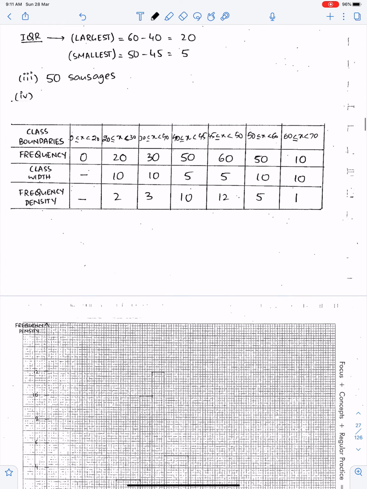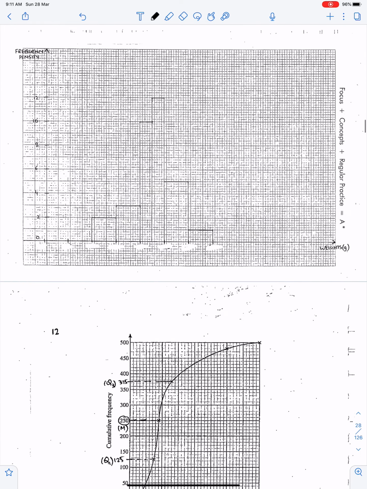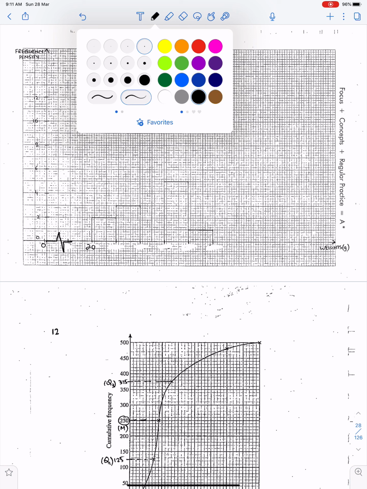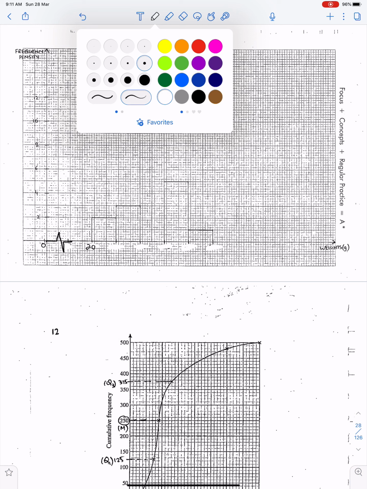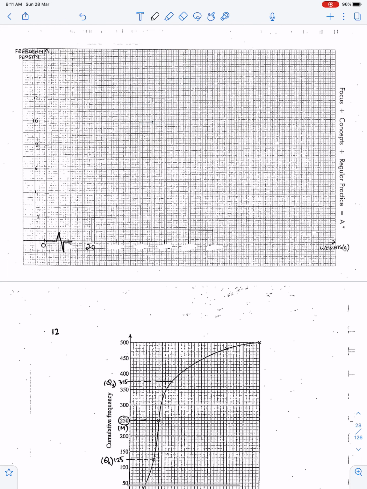Well, the first is 20 to 30, first bar. You can write 0 here, you can make the jag. So the first bar is 20 to 30.